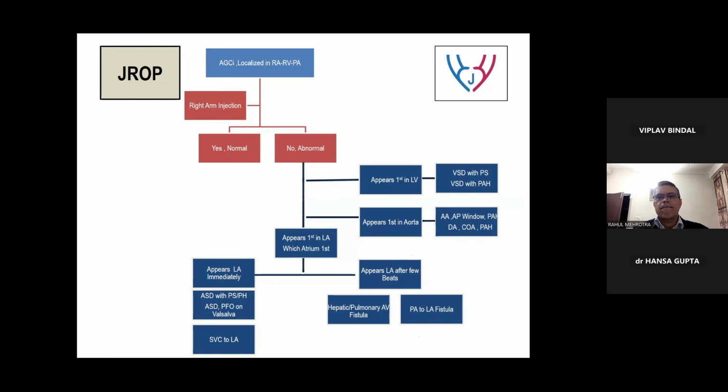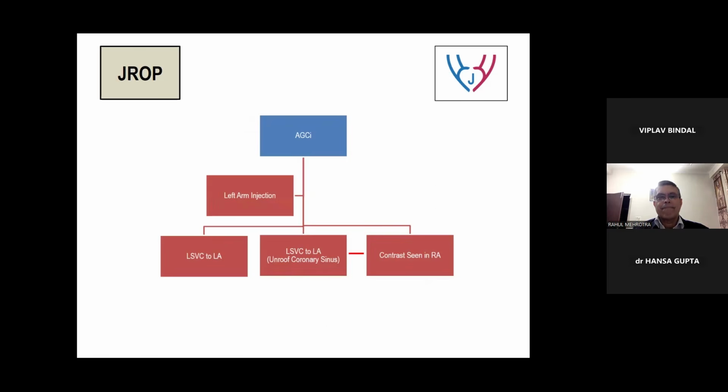So I can broadly divide this abnormality into either LA, LV, or aorta. Suppose I'm thinking of a dilated RV and RA. At that time, I should be able to understand what conditions I'm looking at. And this is the algorithm chart, which is all devised by me. Nothing was there in the literature for all these kinds of things. This is how I practice in my life.